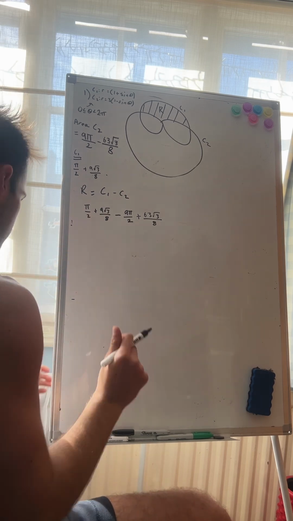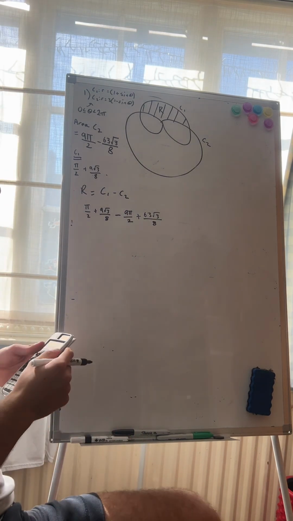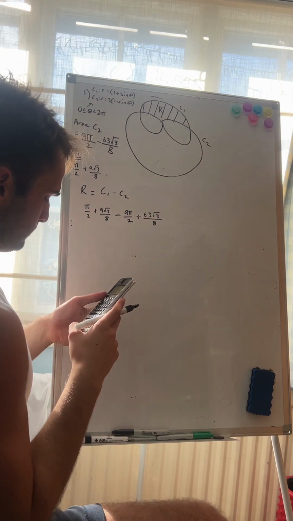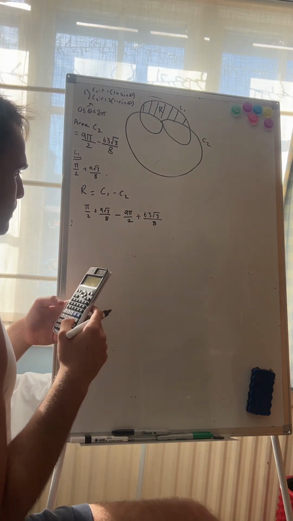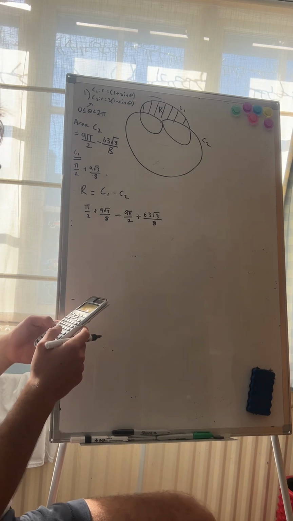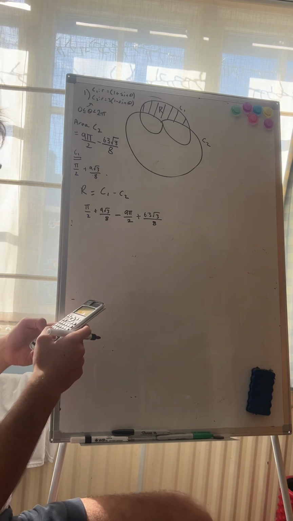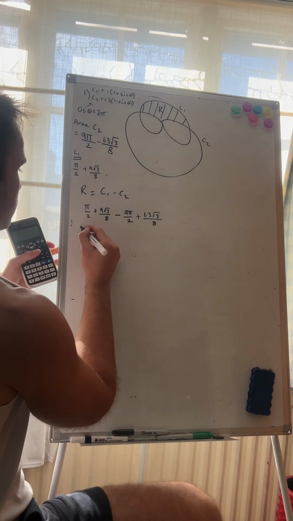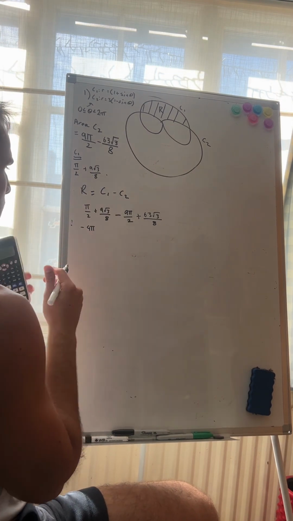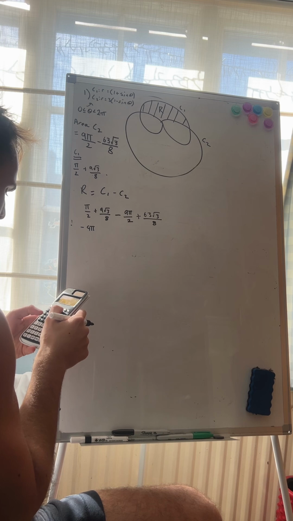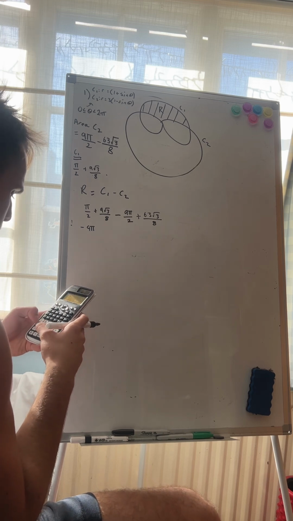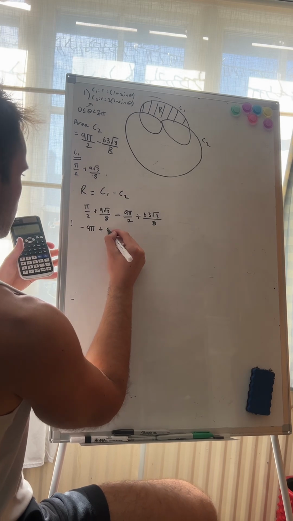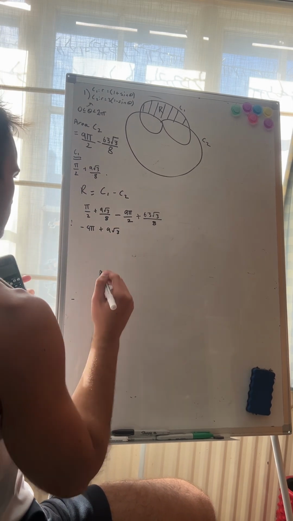So pi over 2 minus 9 pi over 2, by the way we're given the answer in terms of pi and square root 3, is minus 4 pi. And then we have 9 root 3 over 8 plus 63 root 3 over 8, which is 9 root 3.